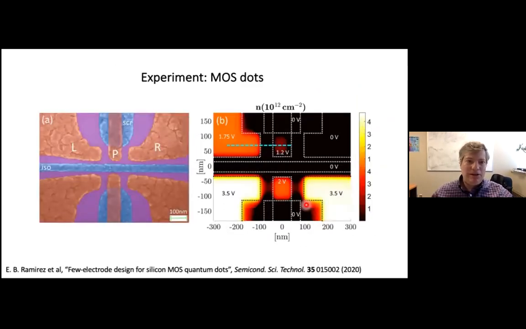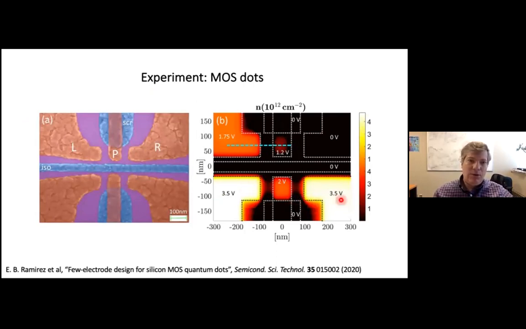I know I'm running low on time, so this will be brief, but I'll briefly mention some of our experimental work. These are MOSFET quantum dots using aluminum gate electrodes on top of silicon dioxide on silicon. On the left we see an SEM picture, and the right shows a simulation of the potential landscape for the same device geometry with certain gate voltages applied.